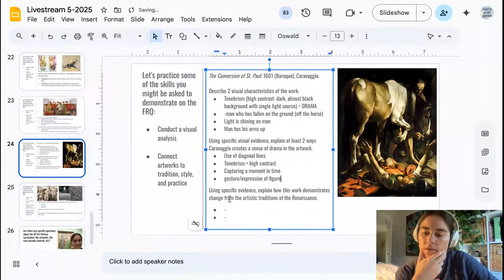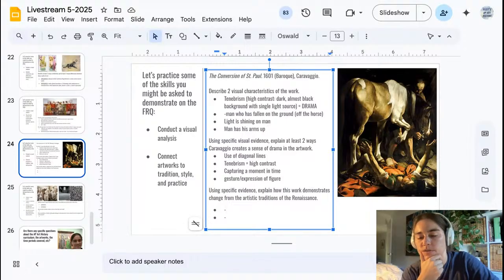So here's the next portion right here. Using specific evidence, explain how this work demonstrates change from the artistic traditions of the Renaissance. So what were some qualities of artworks from the Renaissance?